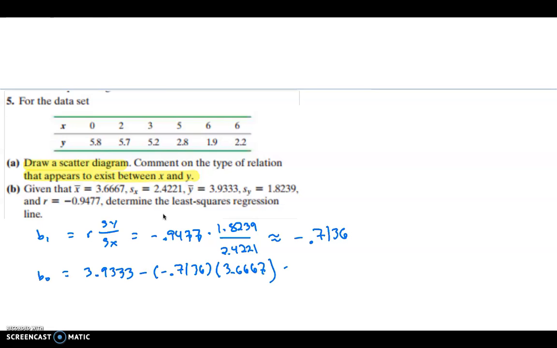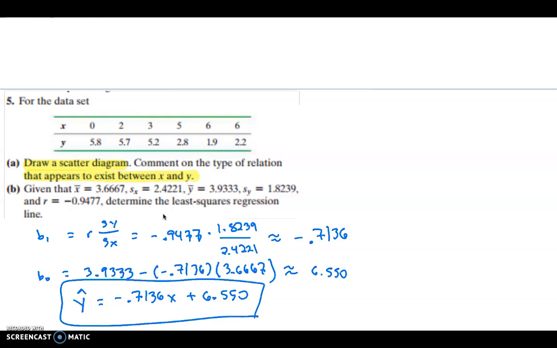And that is approximately 6.550. So our least squares regression line is going to be y hat equals negative 0.7136 X plus 6.550. And that would be the least squares regression line.